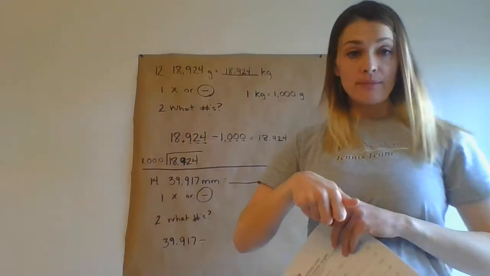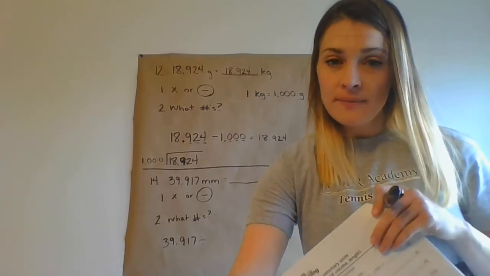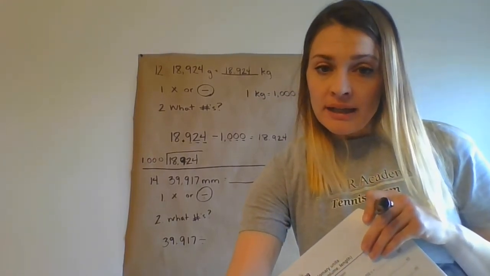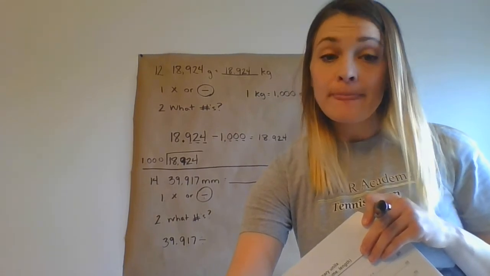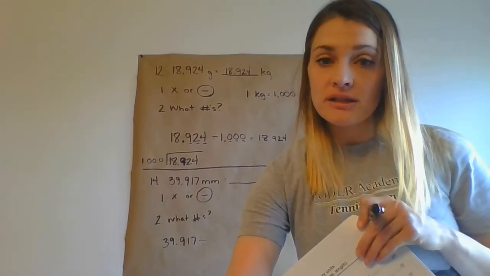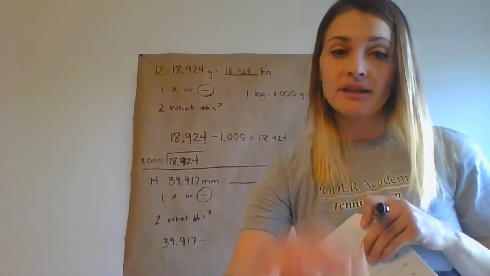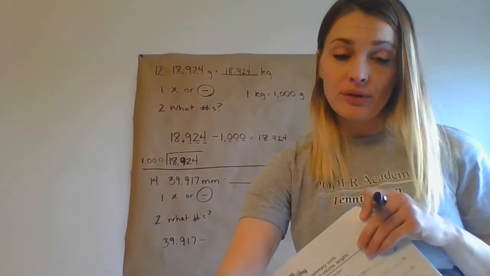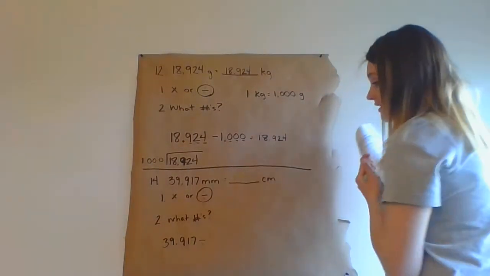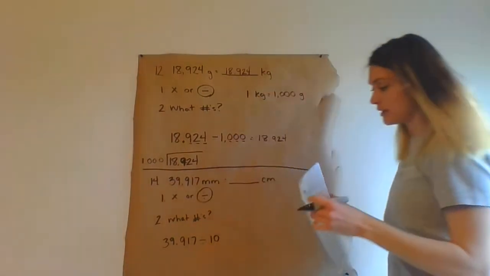If you don't remember that off the top of your head, go to your quick reference sheet, okay? How many millimeters equals a centimeter? Under metric lengths on your conversion sheet, it says 10 millimeters equals 1 centimeter. So the number that I'm dividing it by is 10, okay?